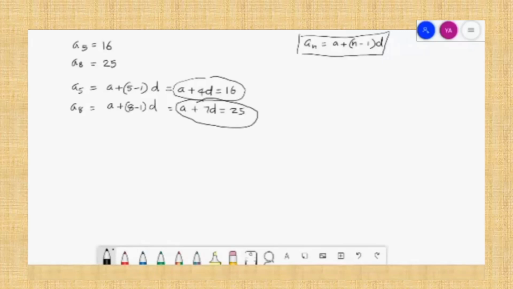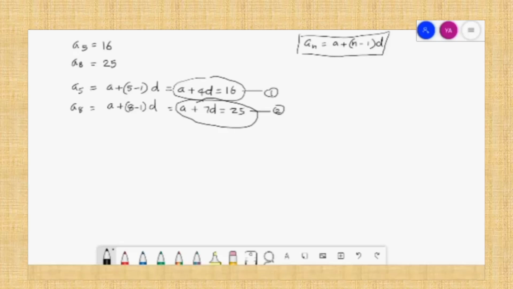If you get such two equations, you know how to solve them. You know how to solve pairs of equations. So here you can use the subtraction or elimination method. Let us call the second one equation 2 and the first one equation 1.